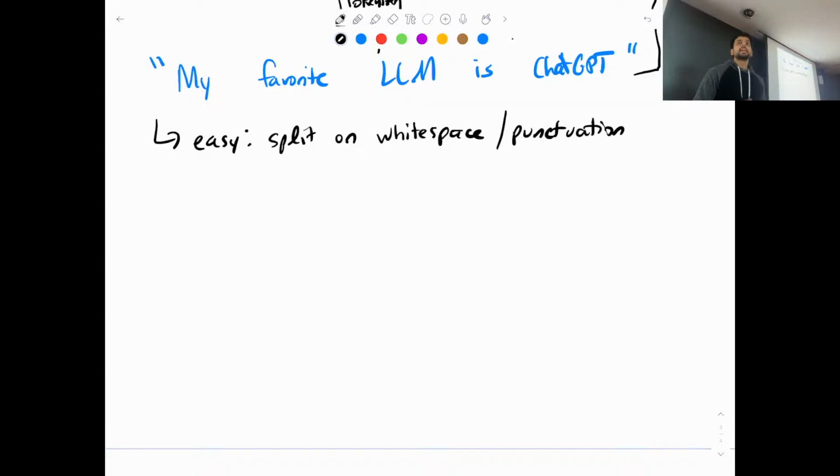And so this yields something that's close to a word level tokenizer. So with some exceptions, I want to split my sequence into the component words in English or other languages that are white space punctuation tokenized.